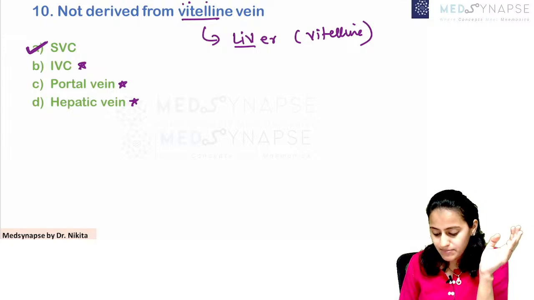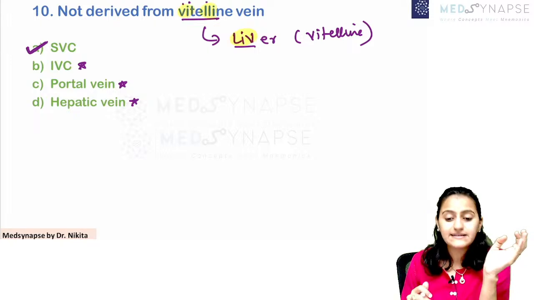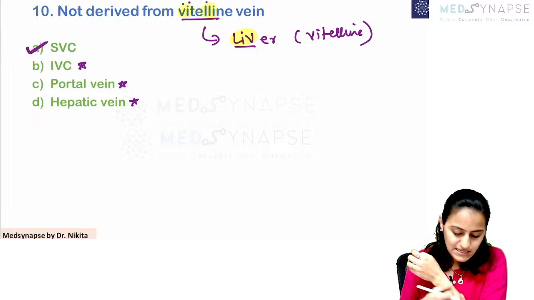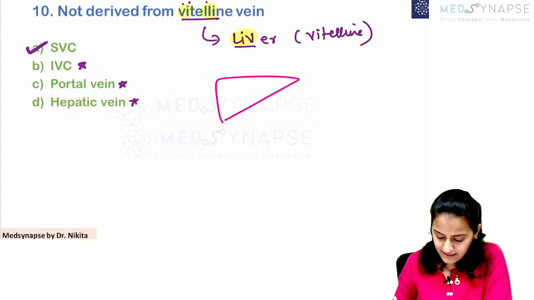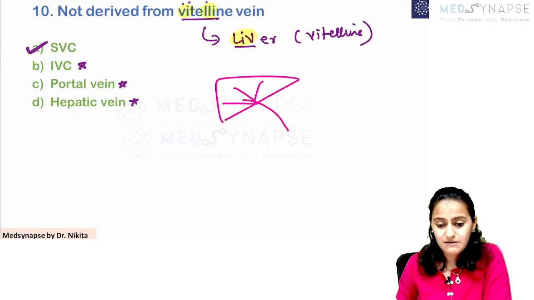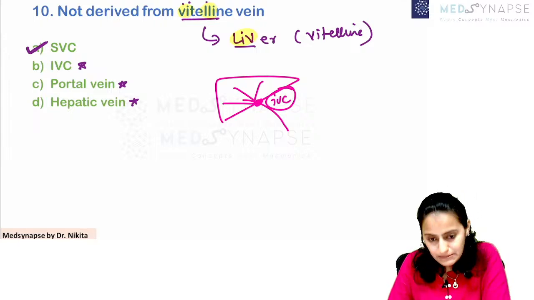Vitelline is from LIV wala, liver wala. So the portal vein supplies the liver, and the hepatic veins drain into IVC. So all this basically is from the vitelline vein.